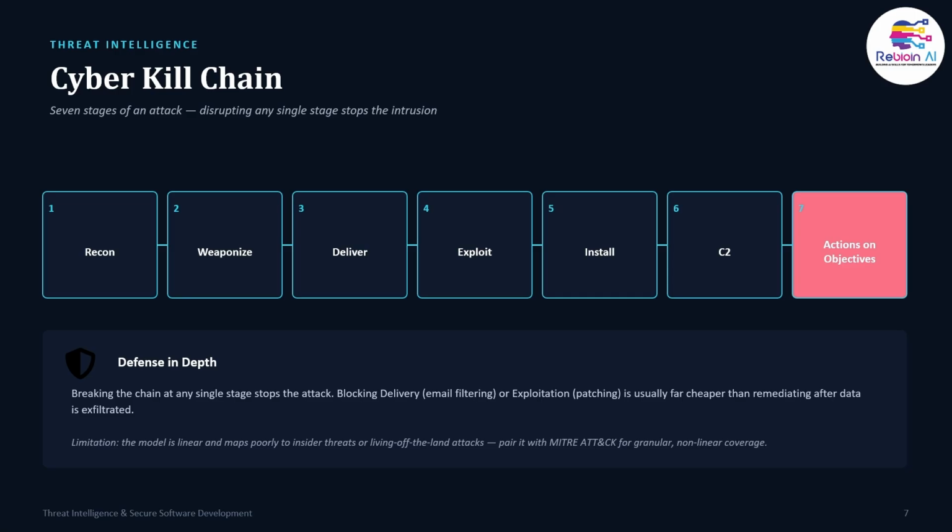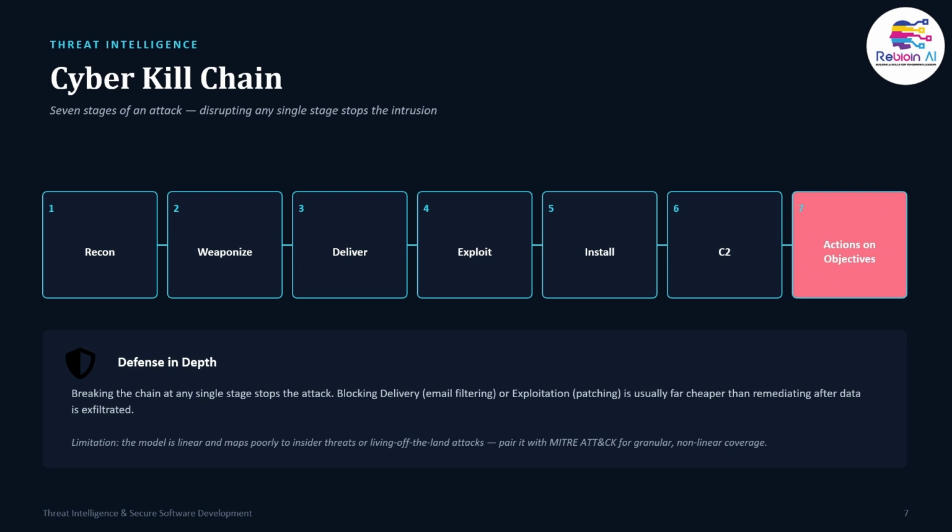This is why we say breaking any one link breaks the whole chain, and blocking an attack early, like at delivery, is always far cheaper than dealing with it late after data has already been stolen.